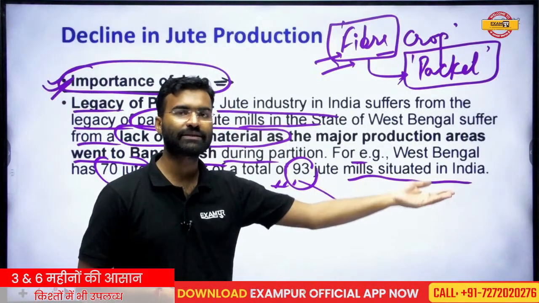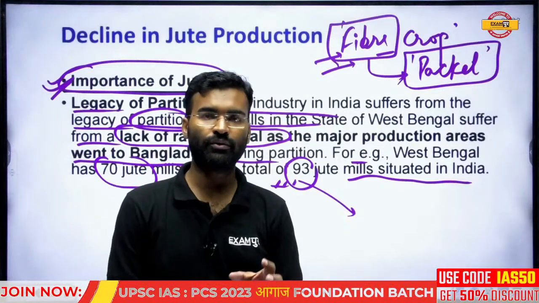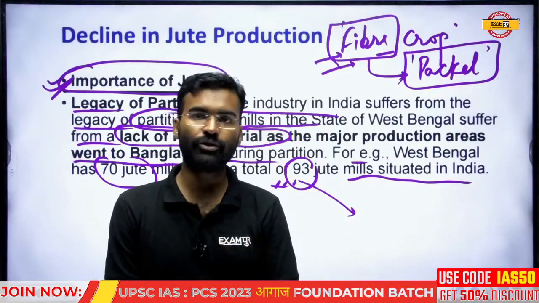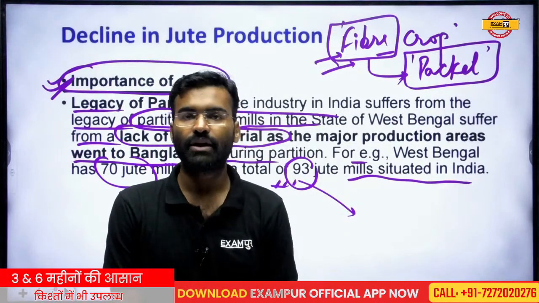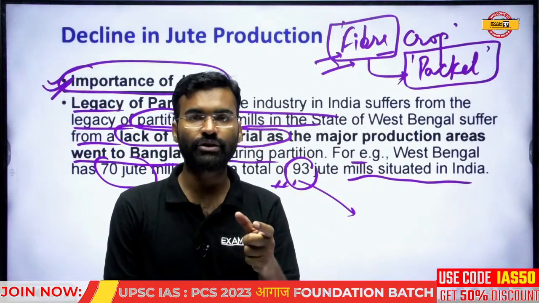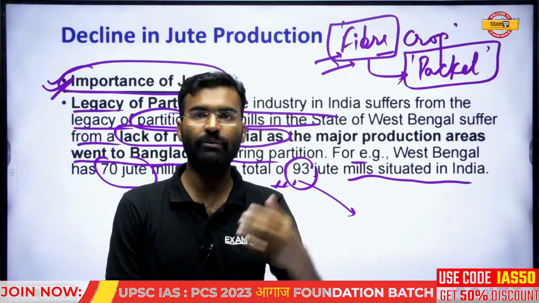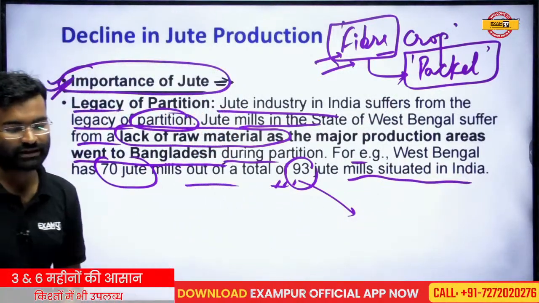But industries can be established, while producing area cannot be developed. If you have the industry but don't have the raw material, you can purchase the raw material from other countries.